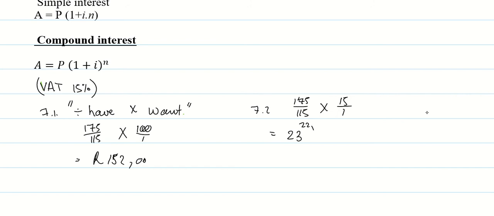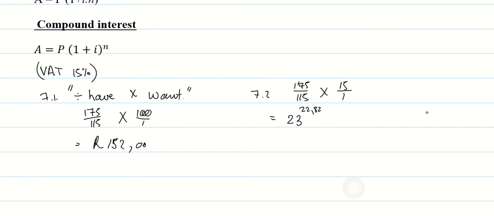Remember, it's 22.88, and that is above 75. So if I round this off to the nearest 50, it will go to 23. So therefore, my answer is 23. And that is the answer there.